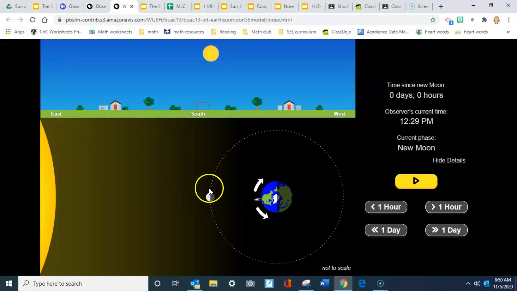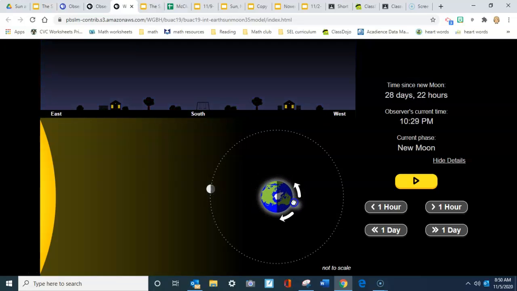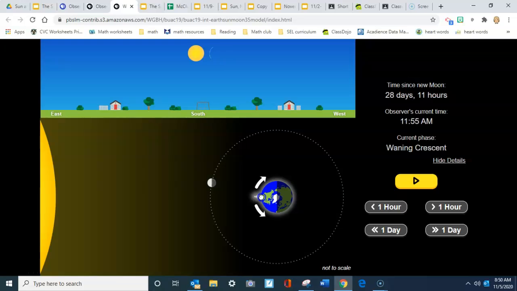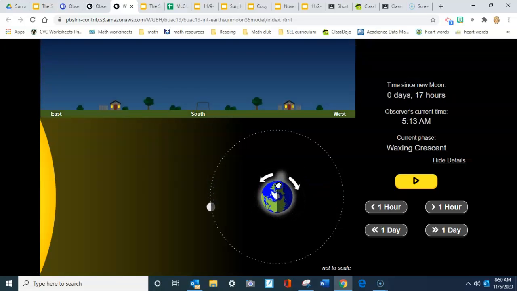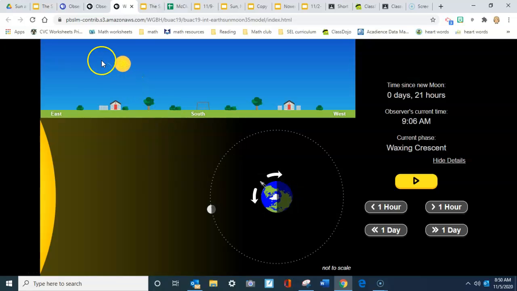Here's my moon. And as I rotate the Earth, I can see the moon up here. Right now, it's that very tiny sliver right beside the sun.